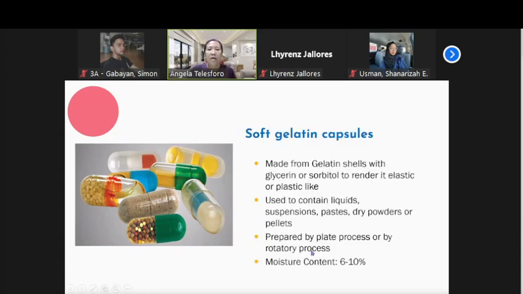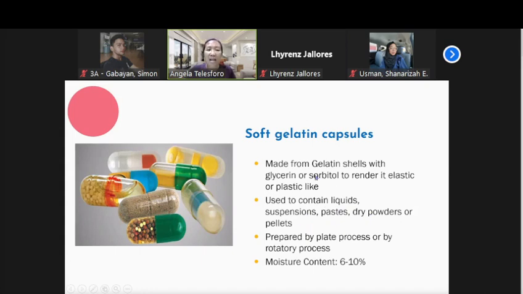Here is the soft gelatin capsule. It is still gelatin, but we added glycerin or sorbitol to make the gelatin elastic. So the soft gelatin capsule is used if the content of the capsule is liquid, suspension, paste, dry powders, or pellets.